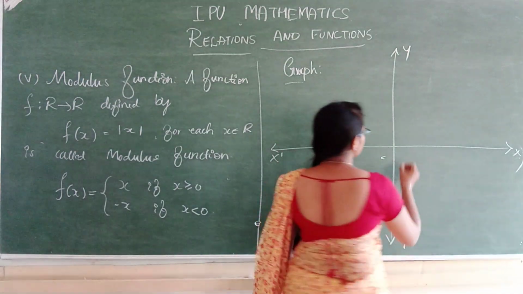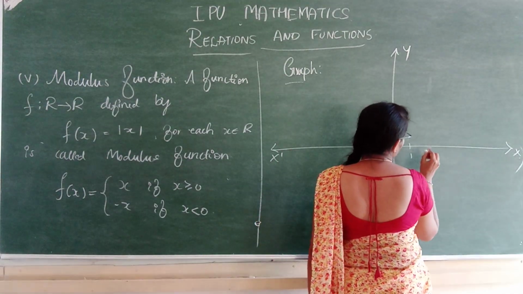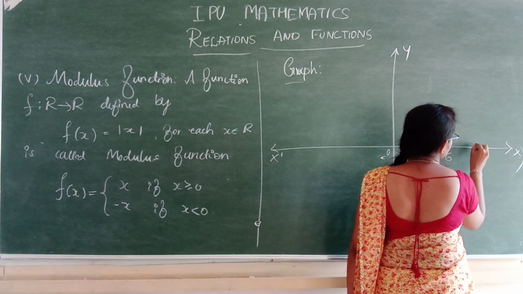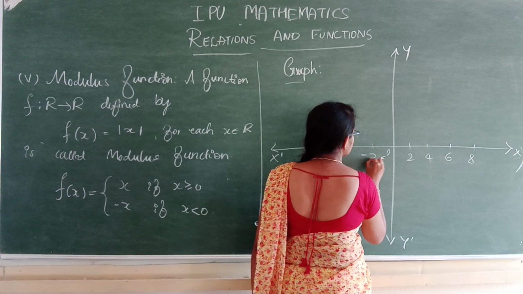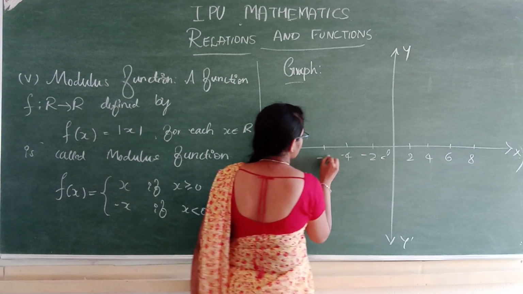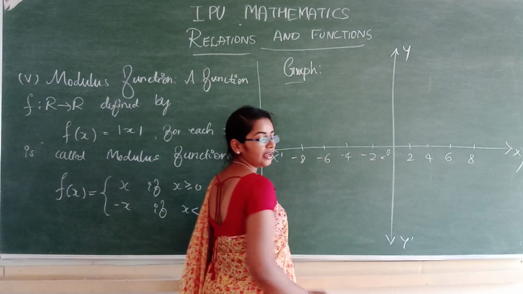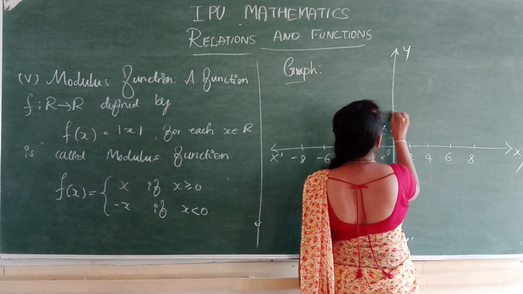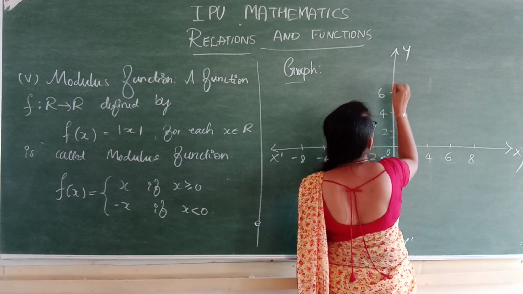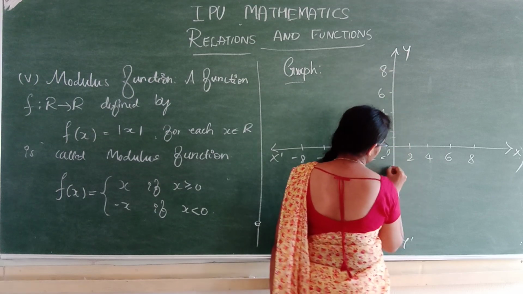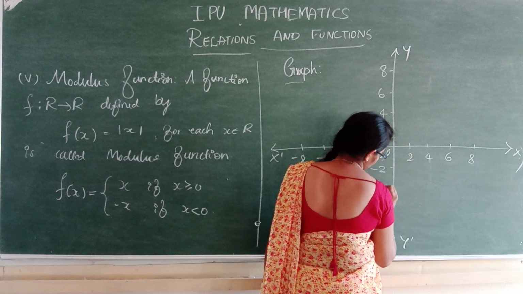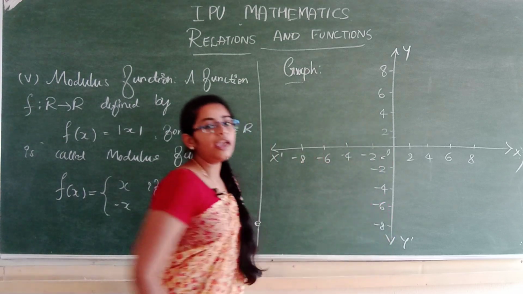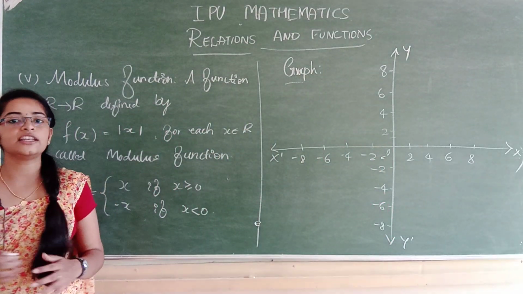Now 0, 2, 4, 6, 8, minus 2, minus 4, minus 6 and minus 8, and here also 2, 4, 6, 8, minus 2, minus 4, minus 6 and minus 8. This is the initial setting.